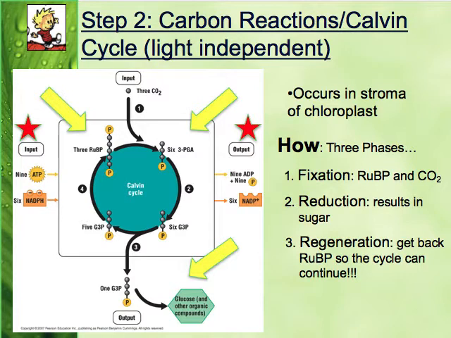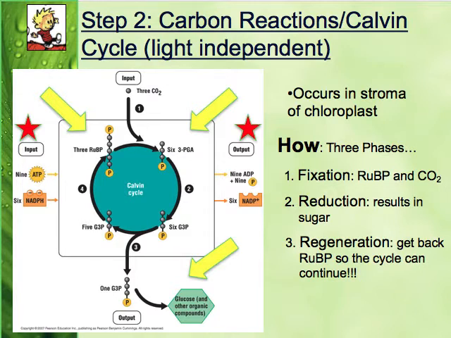This carbon dioxide fixation is so amazing because it takes an inorganic molecule, which is carbon dioxide, and makes it usable by life. Phase 2 of the carbon reactions is reduction.